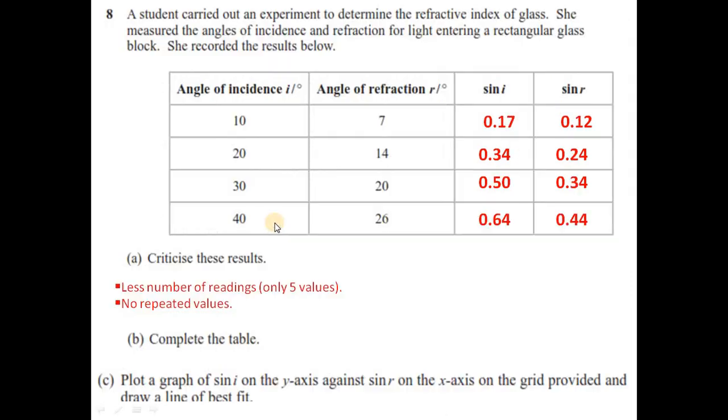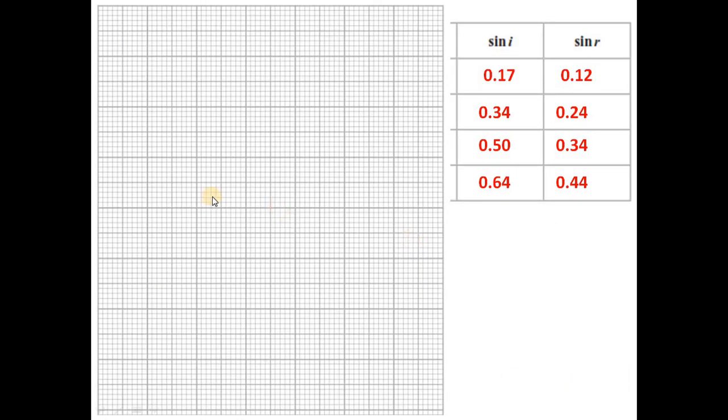If you do that, you have these values after completing. So part C, plot the graph of sin I on the y-axis against sin R on the x-axis on the grid provided, and draw a line of best fit. So this is the grid, and these are your values you need to plot.